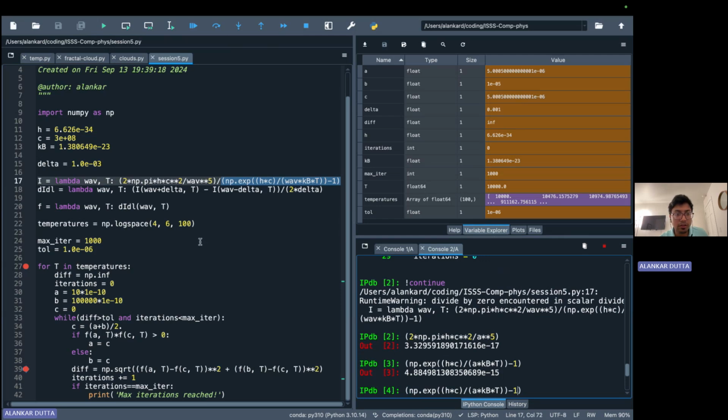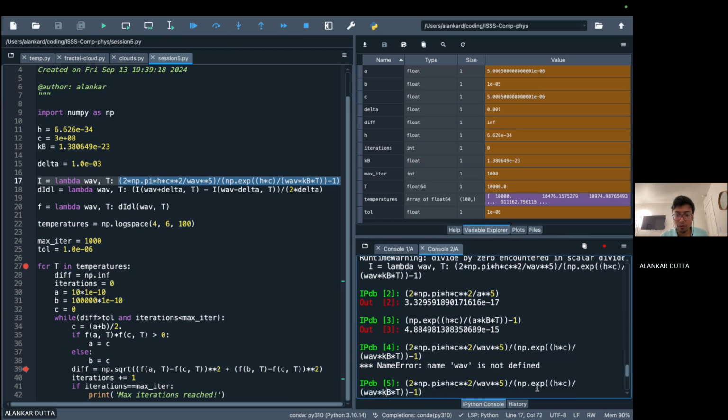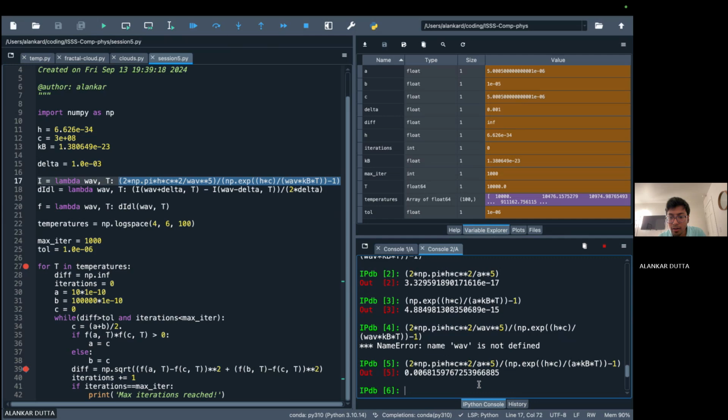So now let's see when I have both of them together, A and I guess this is E. I'm having just something which makes sense.